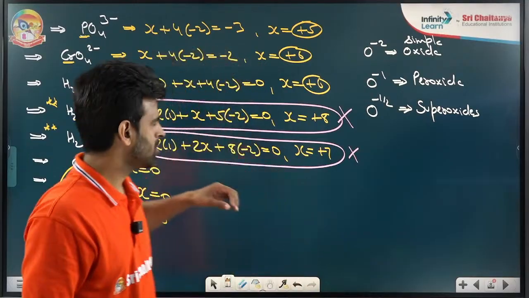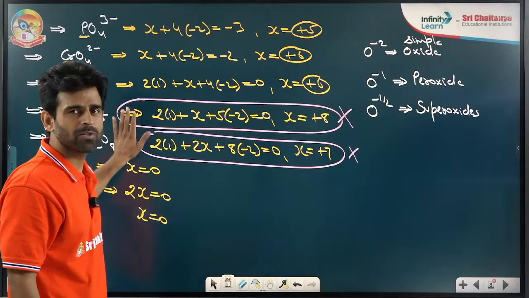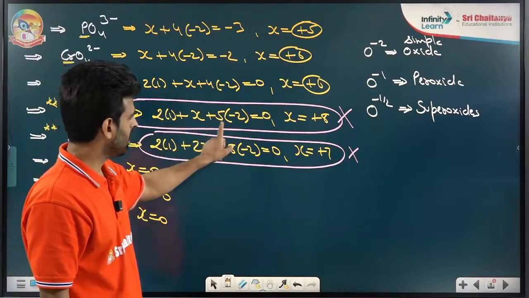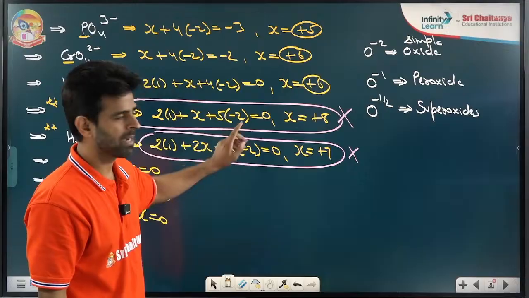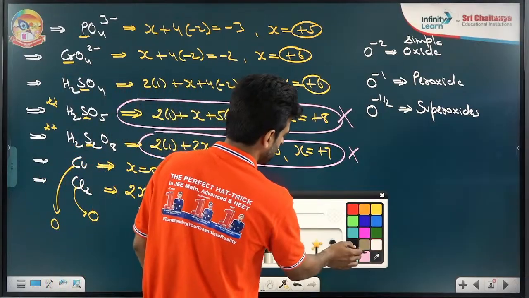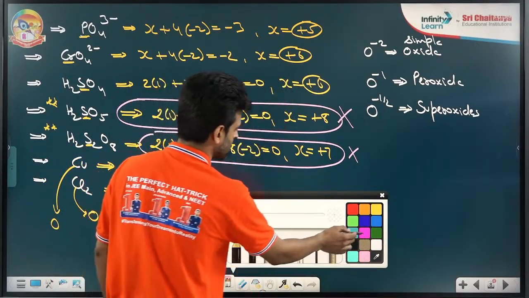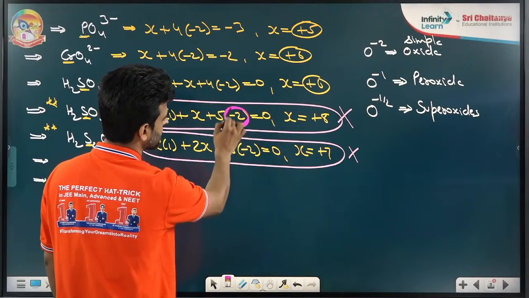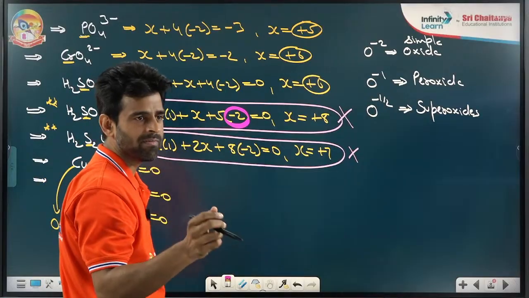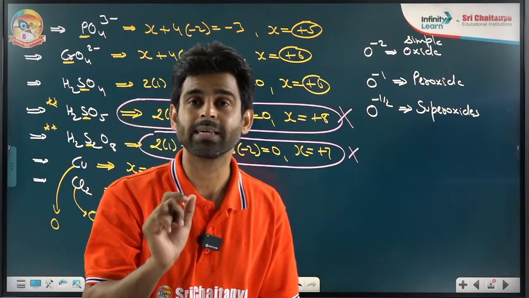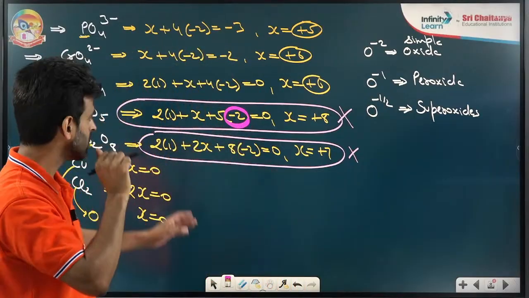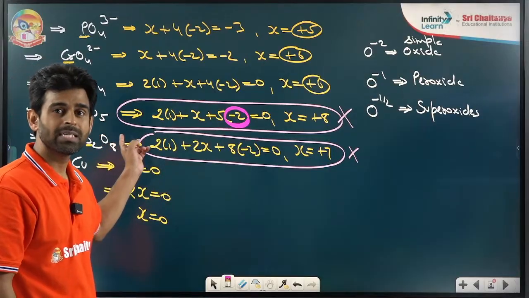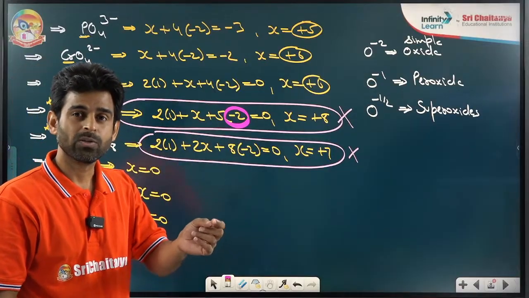So in these two questions, why is the answer coming wrong? Because in the formula you took every oxygen as -2. We were thinking that every oxygen is simple oxide, but we don't know that actually some of the oxygens are not simple oxide.